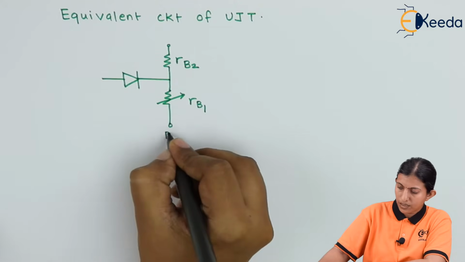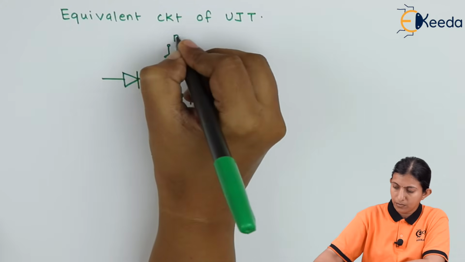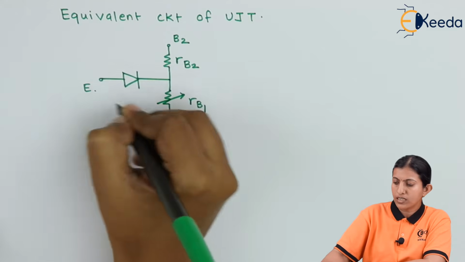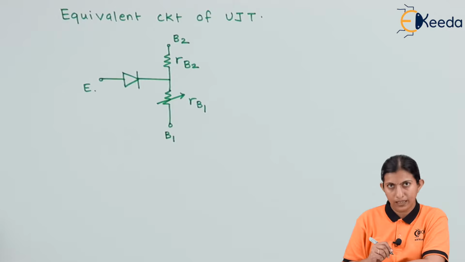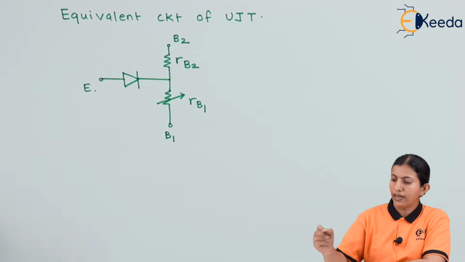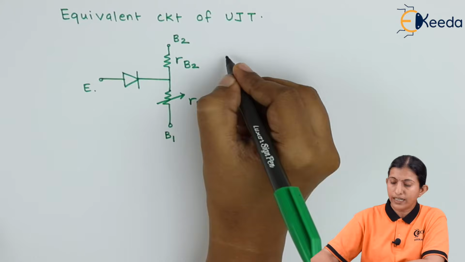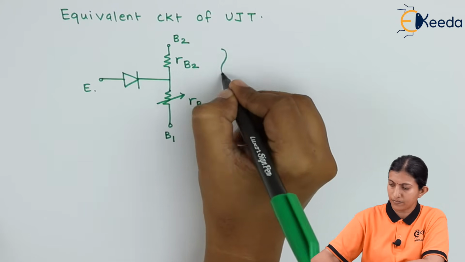So here the terminals are B1, B2 and emitter. This diode represents the PN junction in the UJT, and RB1 and RB2 are the internal resistances of the base region. So it is called the interbase resistor.